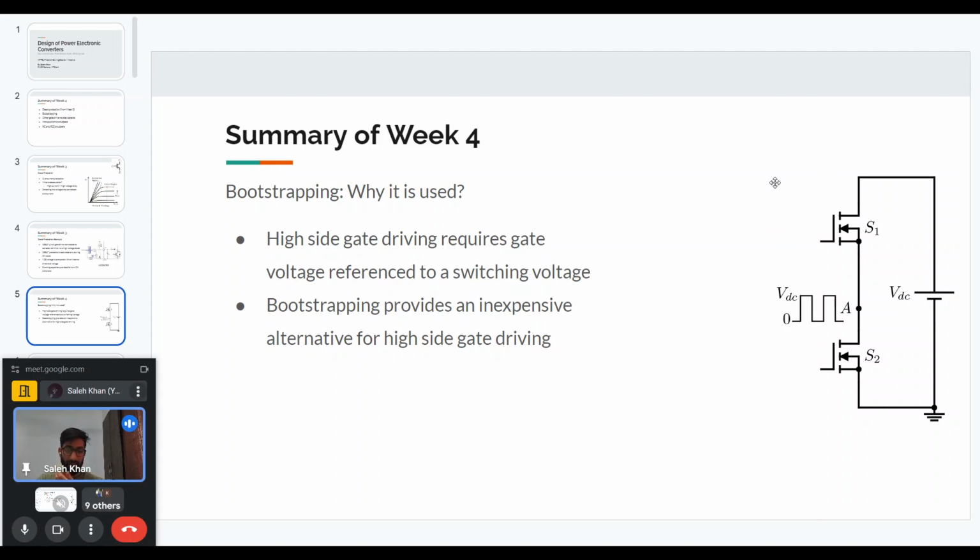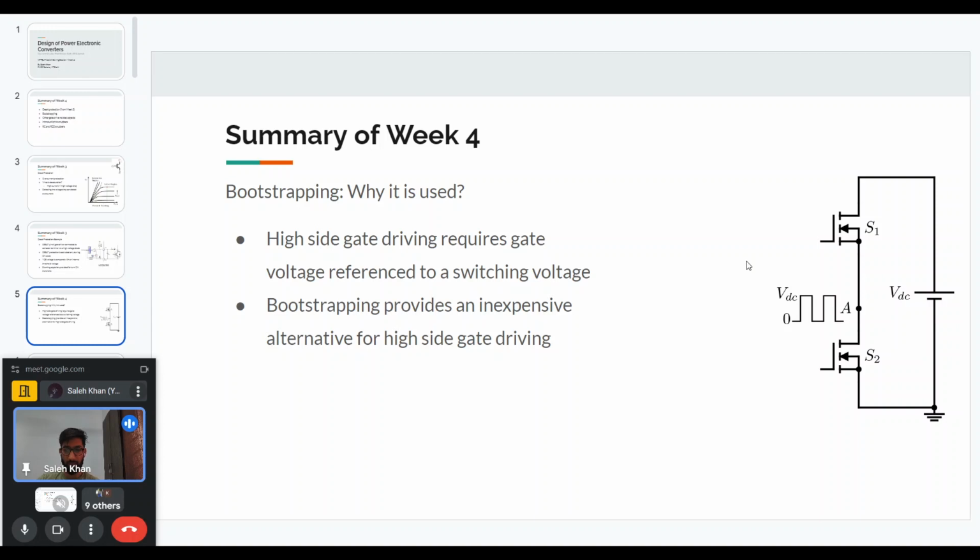However, the problem with that is that it is quite expensive. The small DC-DC converter is a very expensive component. And if we have many half bridges, like a three-phase converter or a multi-level converter, then we will require many of these isolated DC-DC converters.